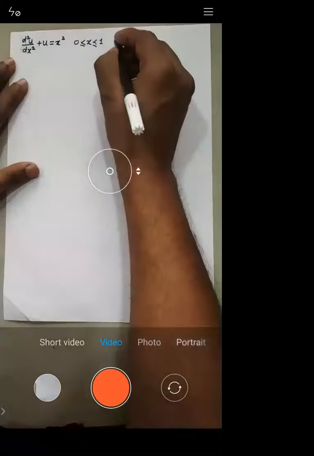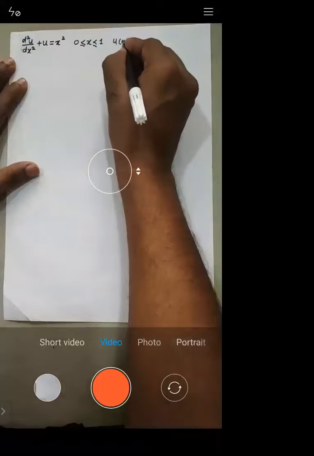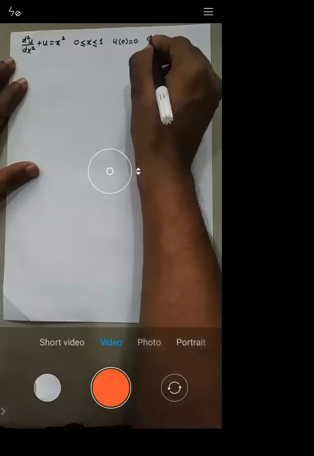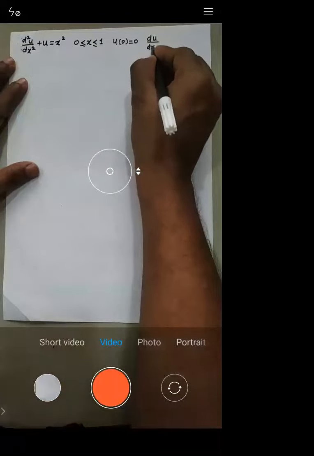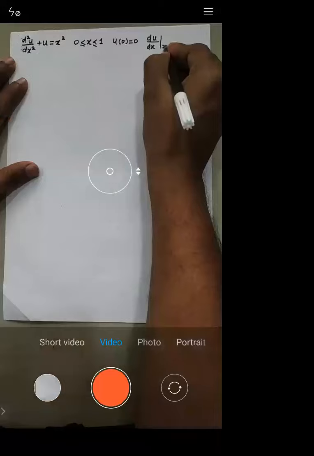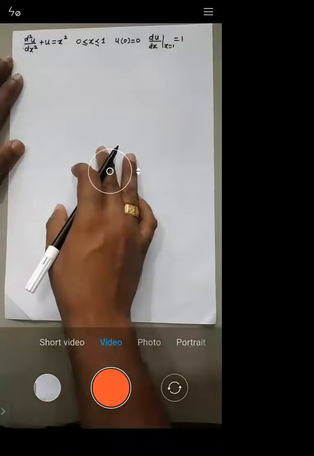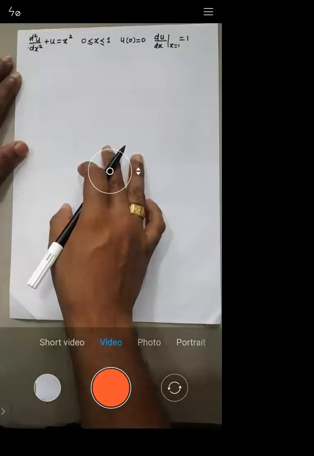And they have given the boundary conditions: u at x is equal to 0 is 0, and du by dx at x is equal to 1 is equal to 1.